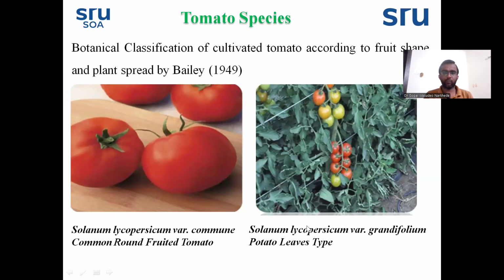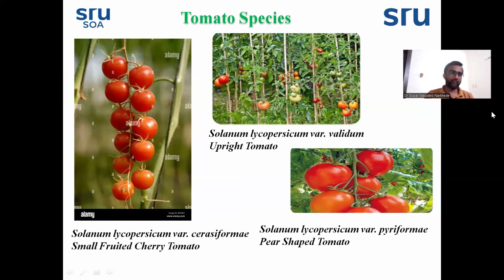Second is Solanum lycopersicum variety grandifolium, that is potato leaf type. Third is Solanum lycopersicum variety cerasiforme, that is small-fruited. Then Solanum lycopersicum variety validum, that is upright tomato.